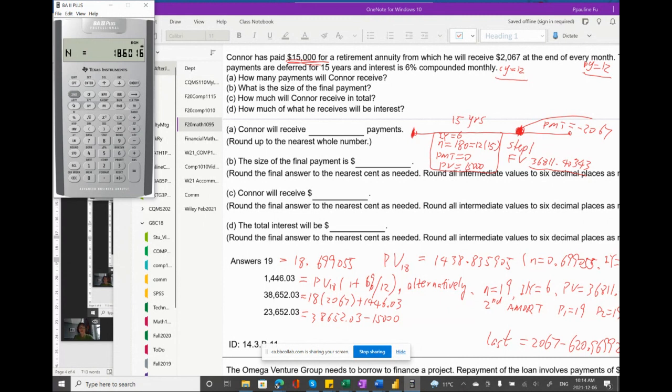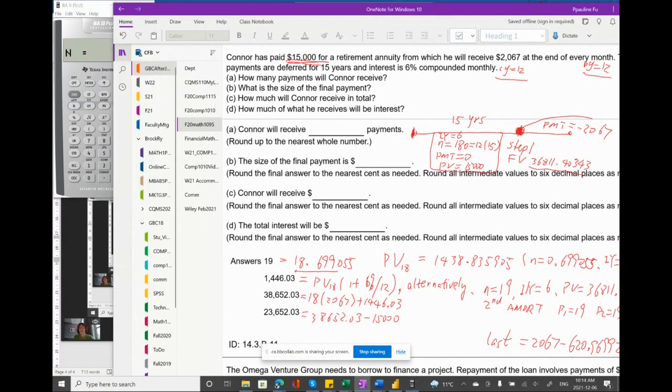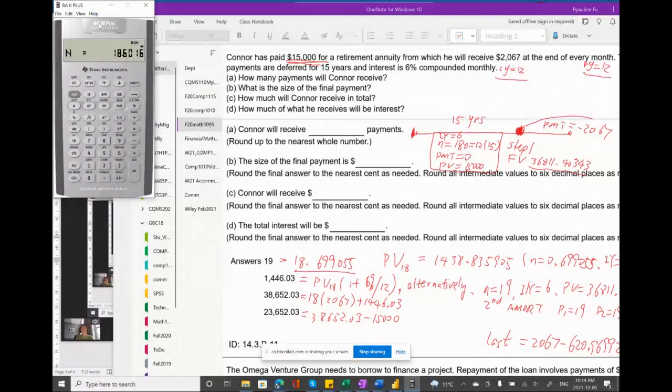So I get term N equal to 18.699055. I didn't get exactly what I got yesterday when I did this question. I'll double check. Okay, because I did BGN mode.